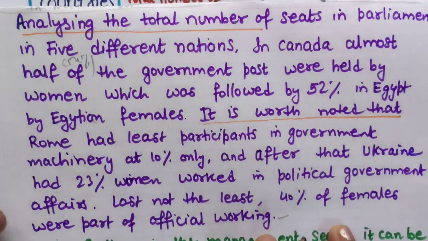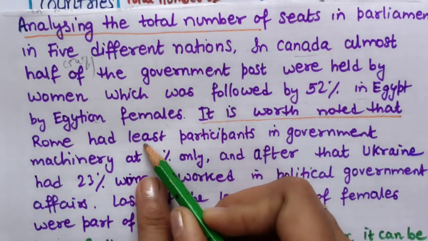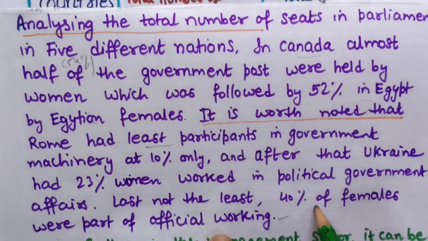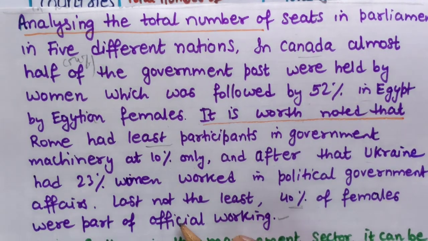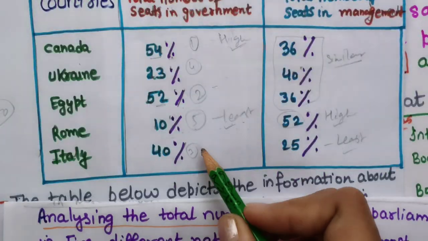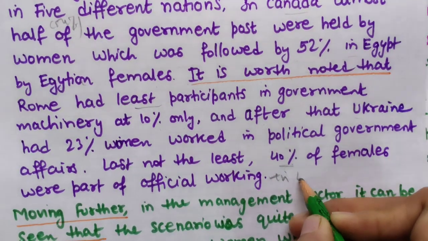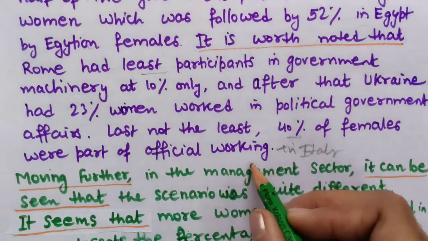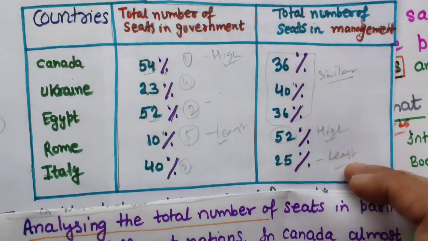You can read it: first Canada, then Egypt, then the least participant, that is Rome, then Ukraine, and then this 40% female working, which country, I have forgotten. This is Italy, in Italy.